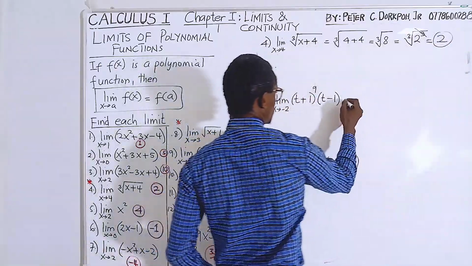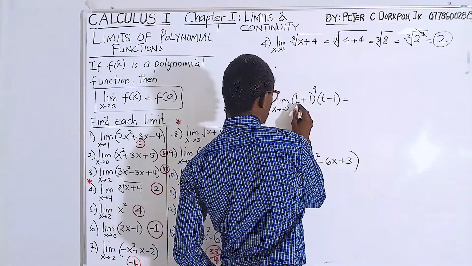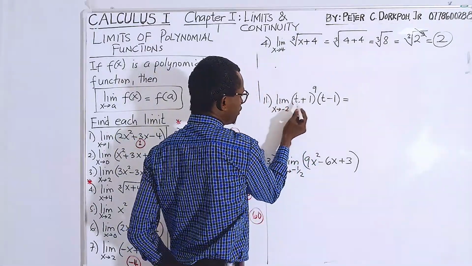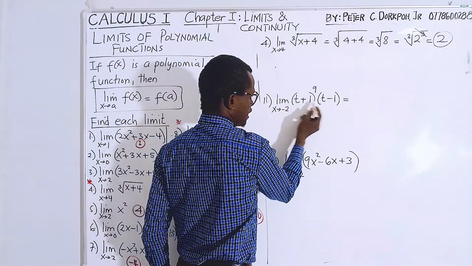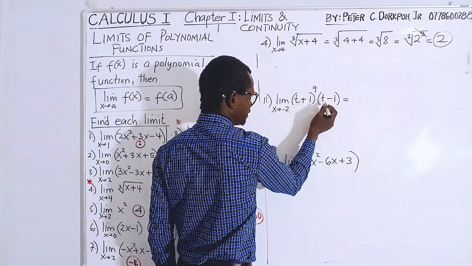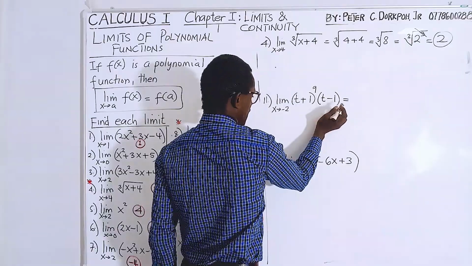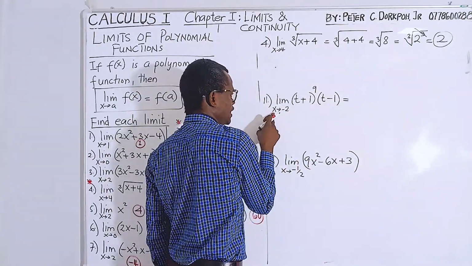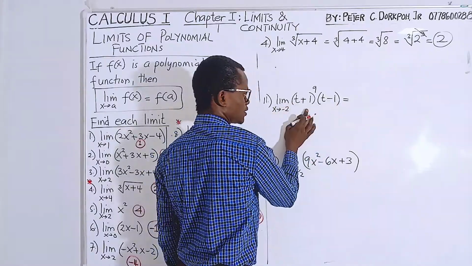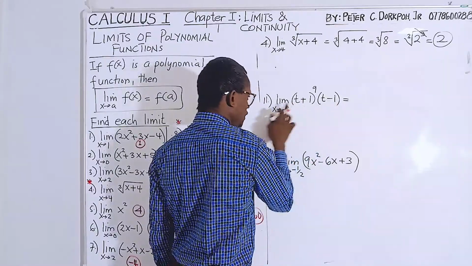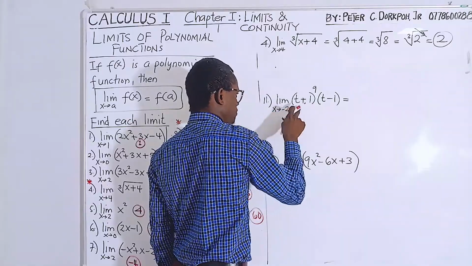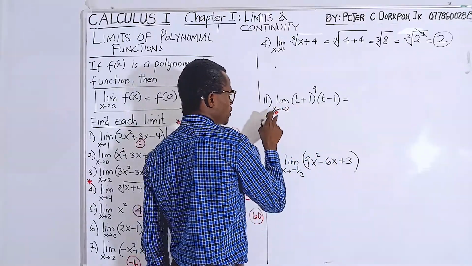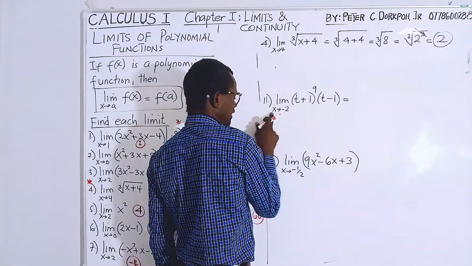Now this one, we replace t now. Look at now. So we have the limit of t plus 1 raised to the 9th power times t minus 1. If this thing was actually x, it means t is a constant, because the variable that we need to apply is x.